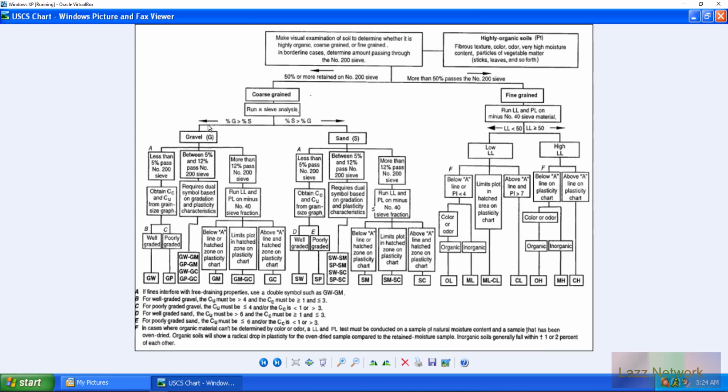If you do have gravel, you're usually going to do a full sieve analysis. Typically that's what people do. They're usually not only concerned about how much is passing the 200 when it comes to gravel.